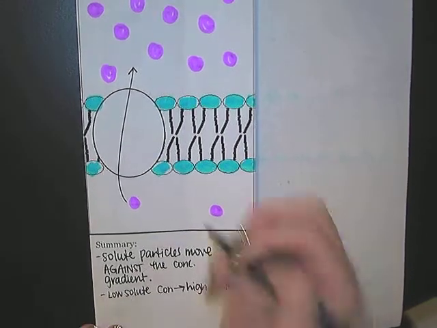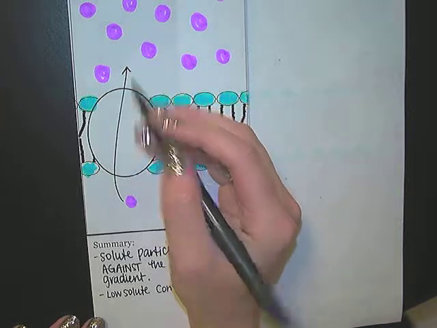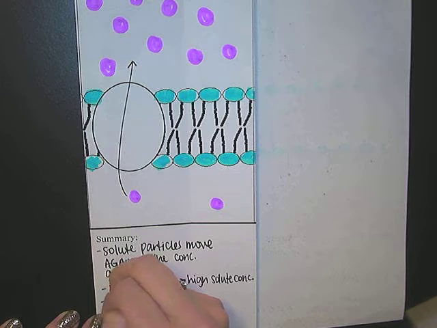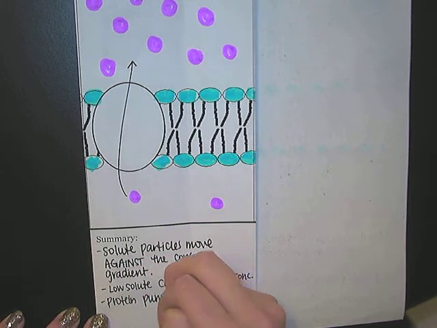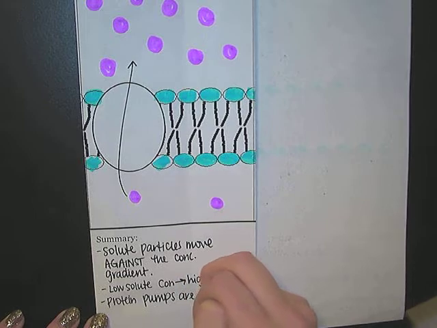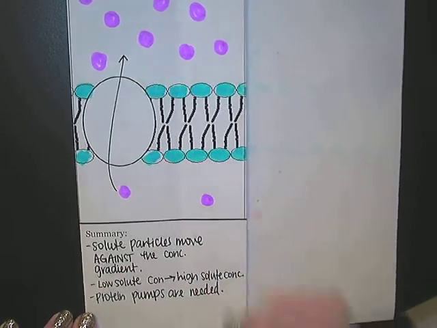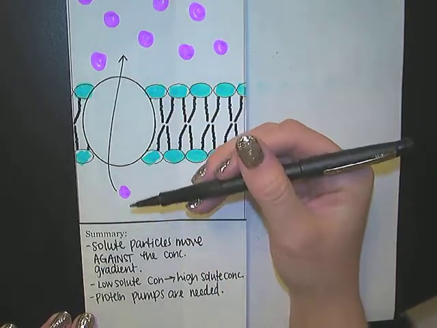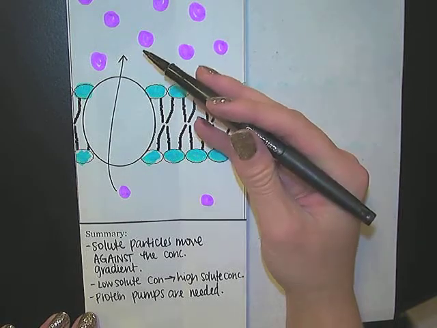Okay, these protein pumps are needed to pump the solutes across the membrane. So protein pumps are needed. Okay, another thing that's needed is because these solute particles are not moving in the direction that they want to go, it actually requires energy in order to move these against their gradient.